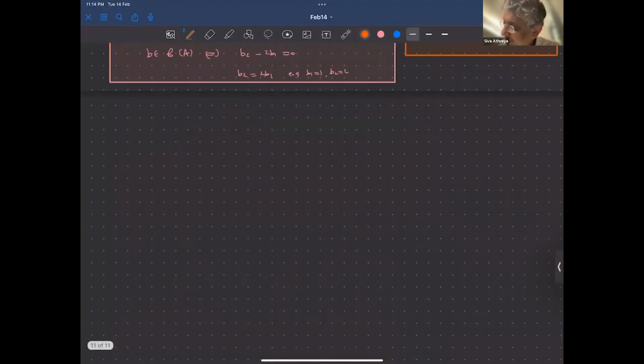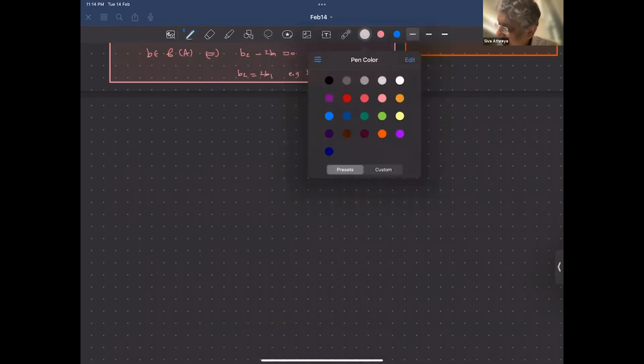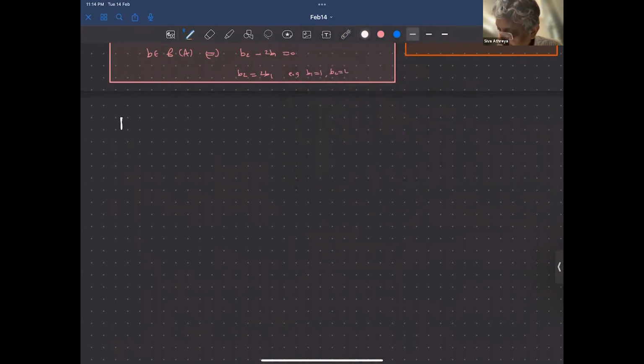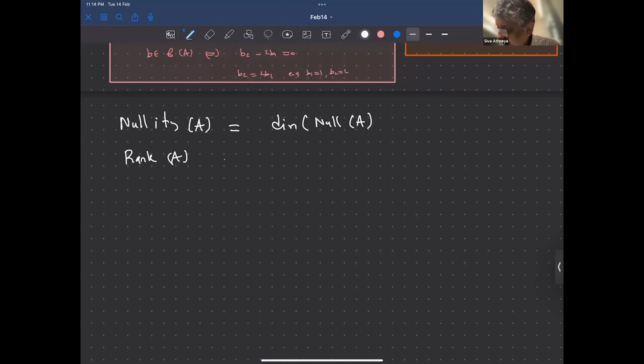Now we just quote results from linear algebra. Keep it in mind. The nullity of A is equal to the dimension of the null space of A, and the rank of A is the dimension of the row space of A. If you add these two, you get n.